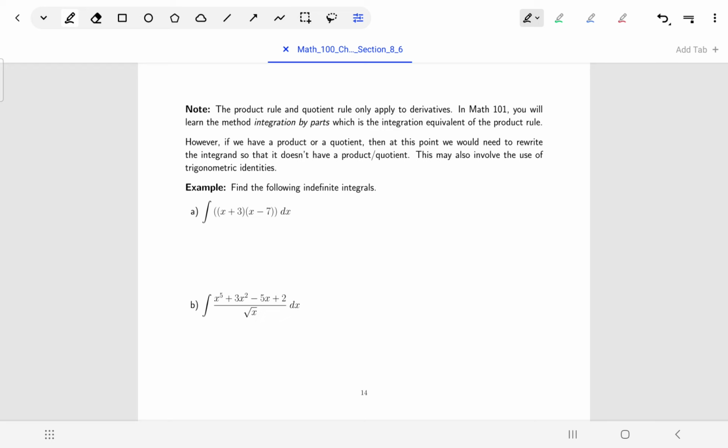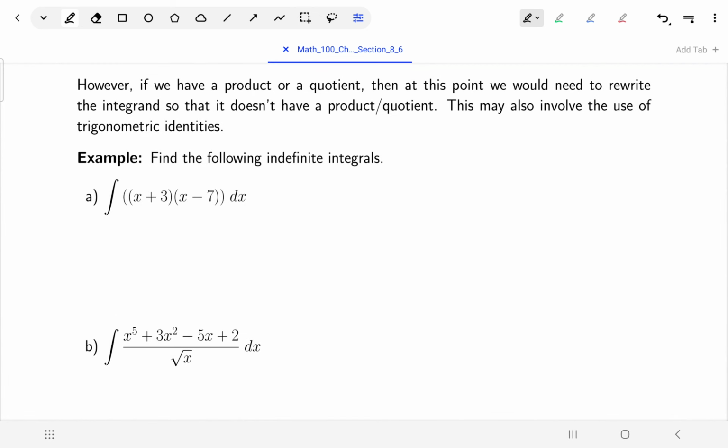the indefinite integral. So, for example, the first one that I'm looking at, x plus 3 and x minus 7 multiplied together, for the indefinite integral there, I would have to actually carry out that multiplication. X plus 3 times x minus 7. If I were to multiply that, that would be x squared minus 4x minus 21.